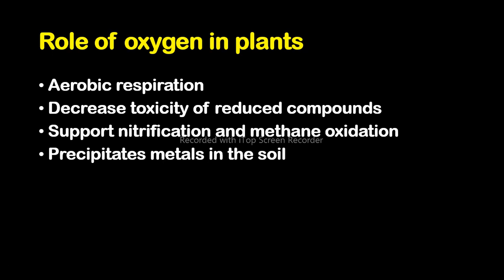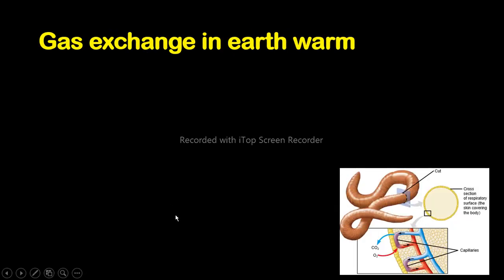So instead of absorbing them, they will combine with oxygen to form metal oxides, and then form hydroxides that are insoluble. And you don't absorb them because they are not in solution form. Okay? Yes.